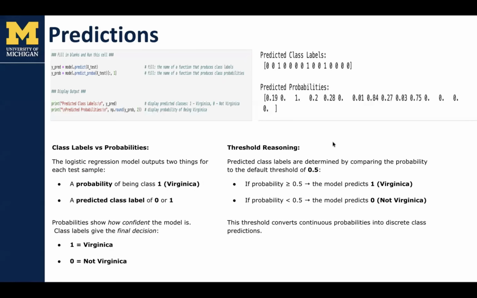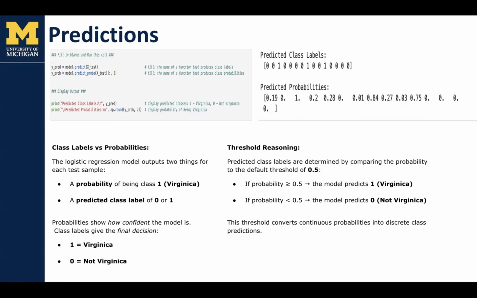Lastly, let's talk about predictions. Using the fitted model, I generated both predicted class labels and predicted probabilities for the test set. The probabilities show how confident the model is that a sample belongs to class 1 Virginica. Class labels, which are either 0 or 1, represent the final model decision.